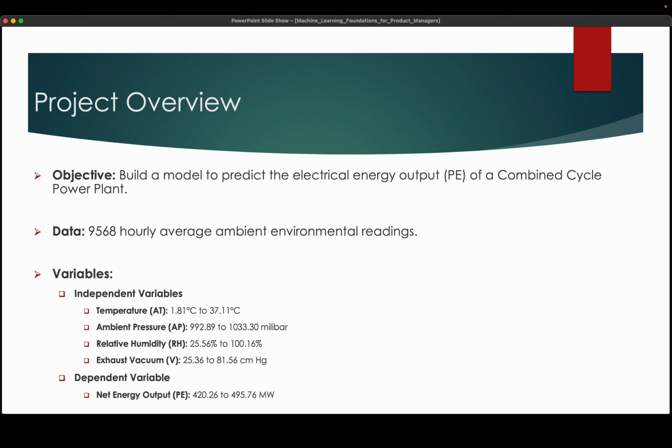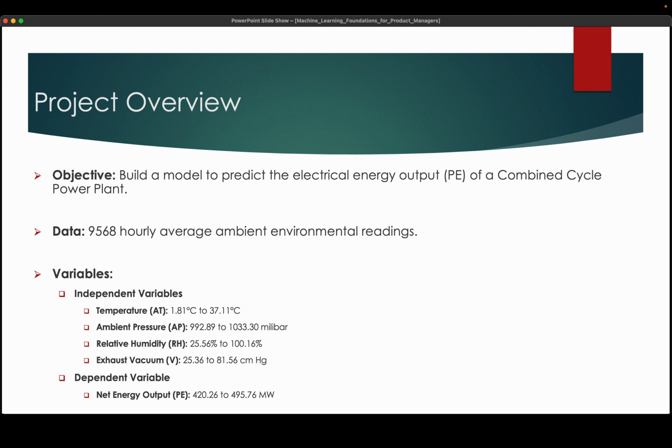The objective of our project is to build a model to predict the electrical energy output, PE, of a combined cycle power plant. The data given to us has 9,568 hourly average ambient environment readings. I can divide the variables into independent and dependent variables.